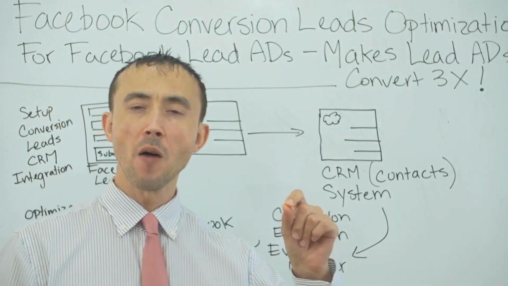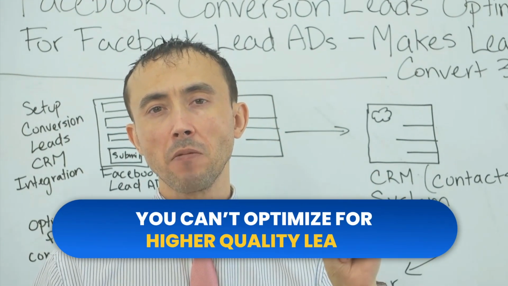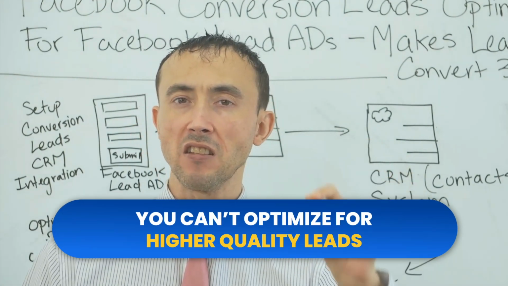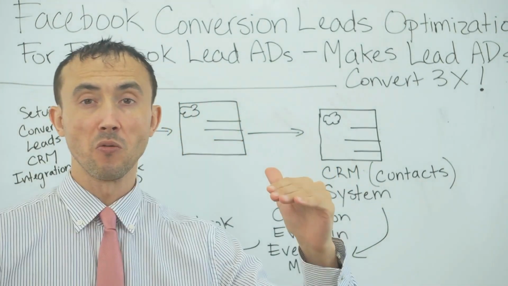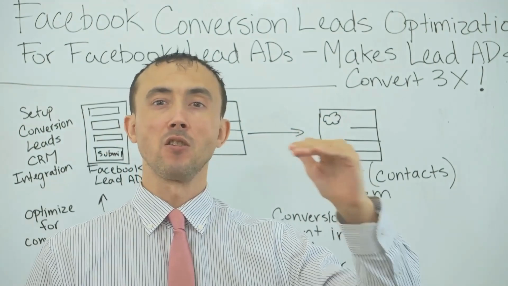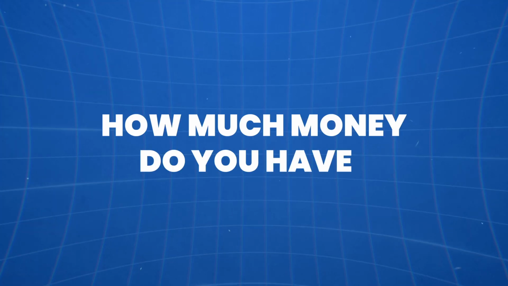That said, the drawback with the form lead ad has been that you can't optimize for higher quality leads that meet a certain requirement. You can naturally create additional form fields that say, like, if you're not rich, don't complete this form. Or basically you could have like, how much money do you have?